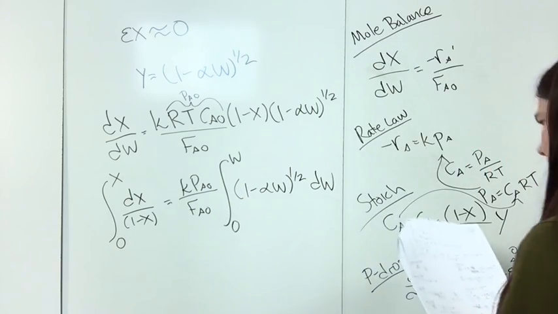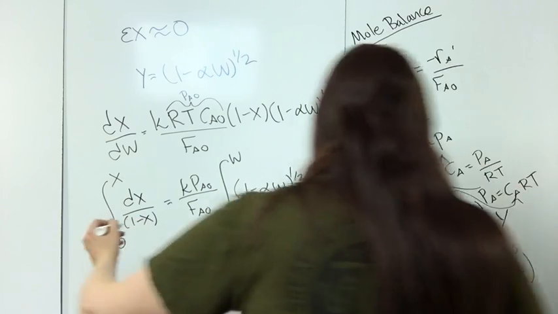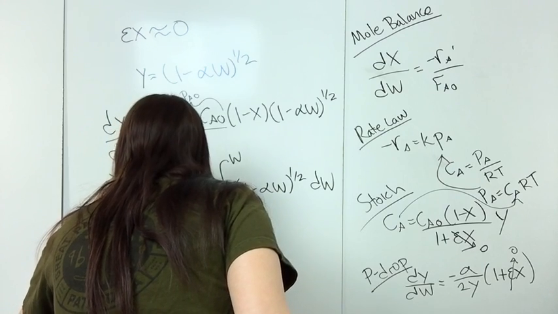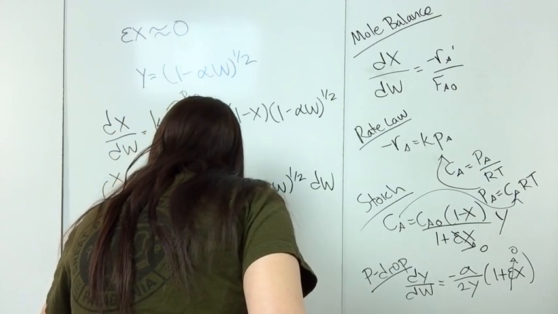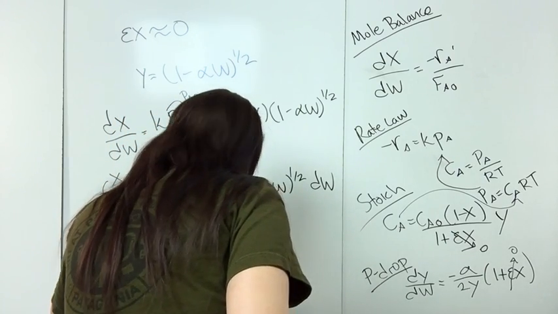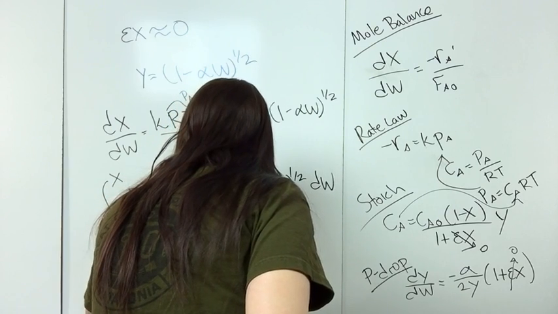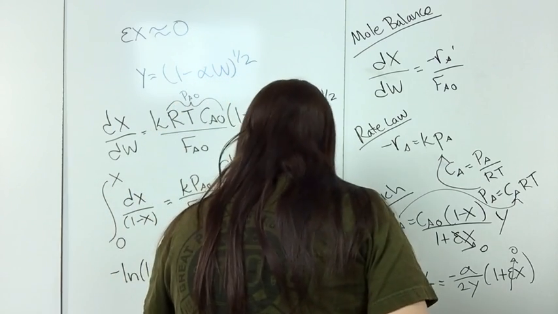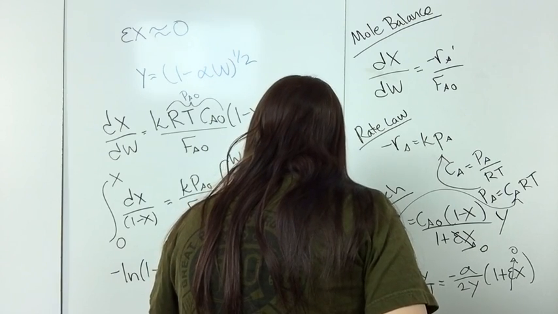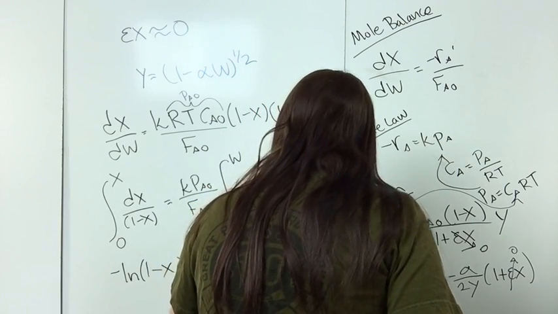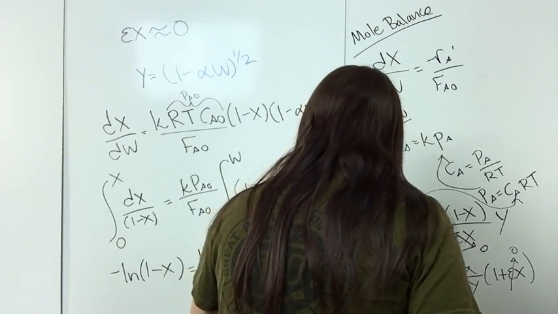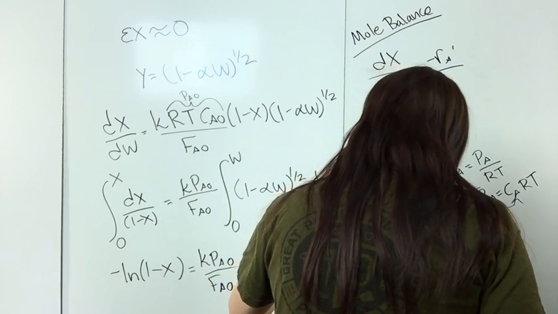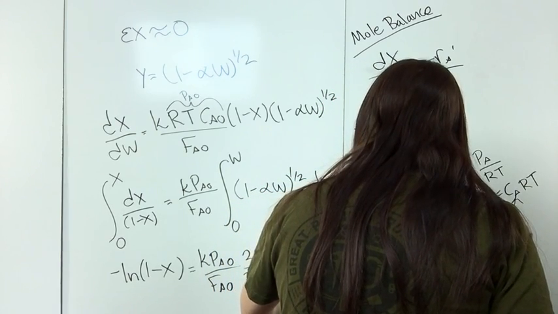If I integrate this, I get minus natural log of (1 minus X) equal to k PA naught over FA naught times 2 over 3 alpha times (1 minus alpha W) to the 3/2.